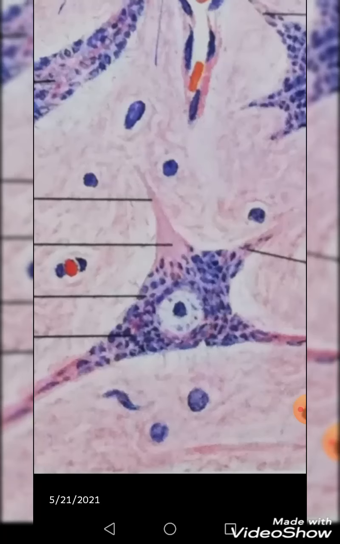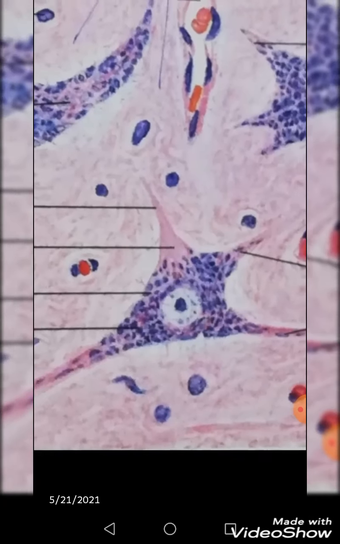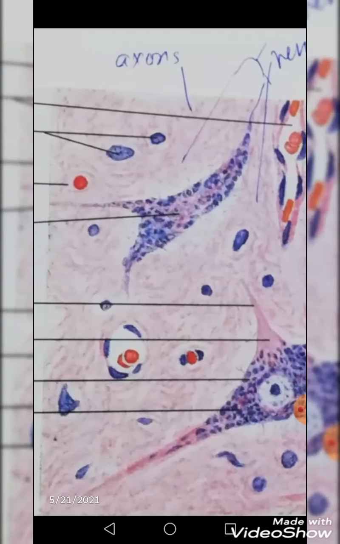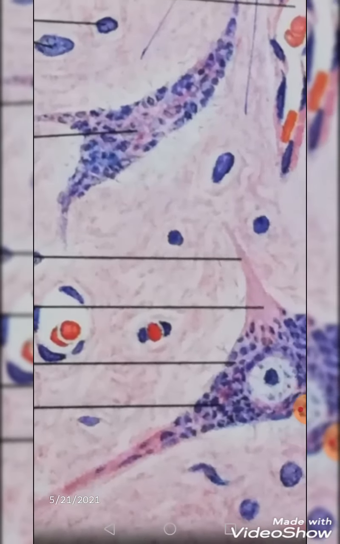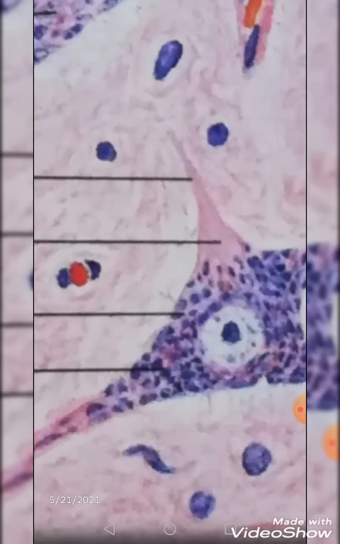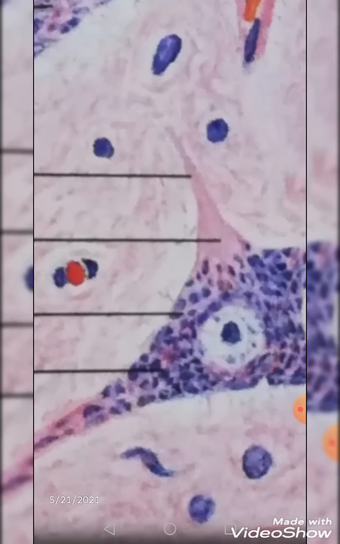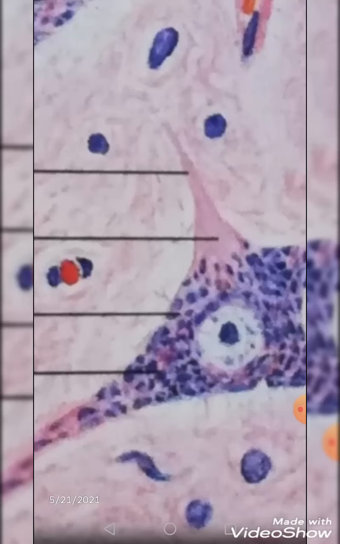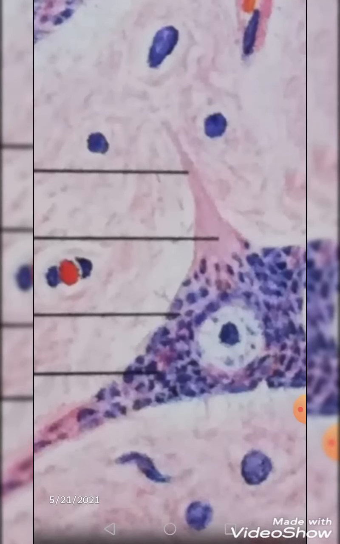The cytoplasm of the neuron is filled with the Nissl granules or Nissl substance. These purple color markings you can observe. What are these? These are basically the rough endoplasmic reticulum along with the free ribosomes, and they are supposed to produce the structural and transport proteins, right?